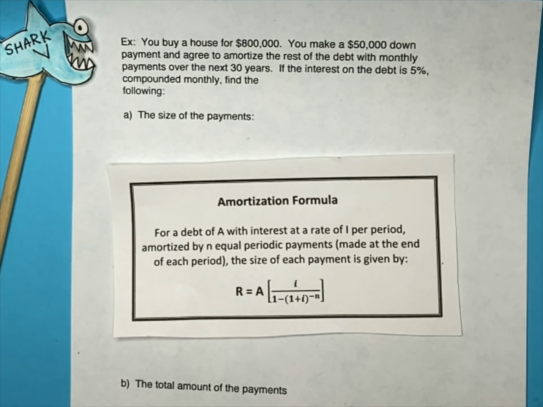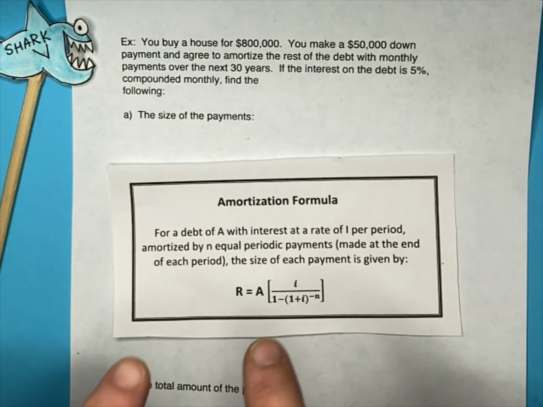So what we did in the last video was to look at the amortization formula, which is right here. The amortization formula is basically based on the fact that we're going to be making repeated payments to pay back a loan for a loan value that is evaluated now.